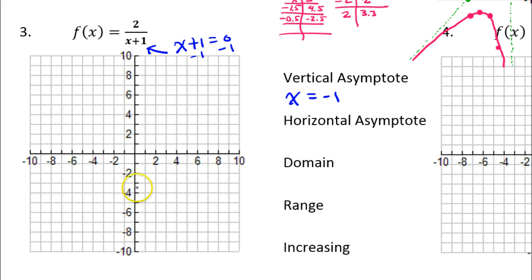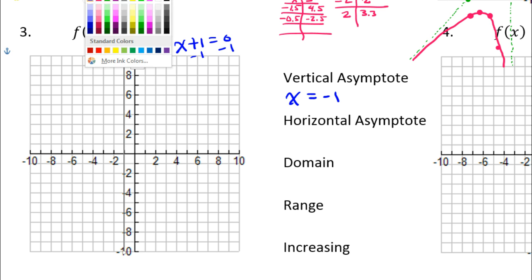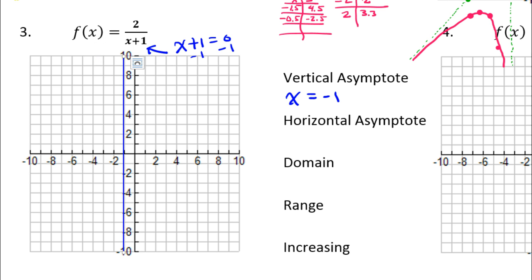I'm going to go ahead and graph that right now. Okay, there's my vertical asymptote at negative 1.